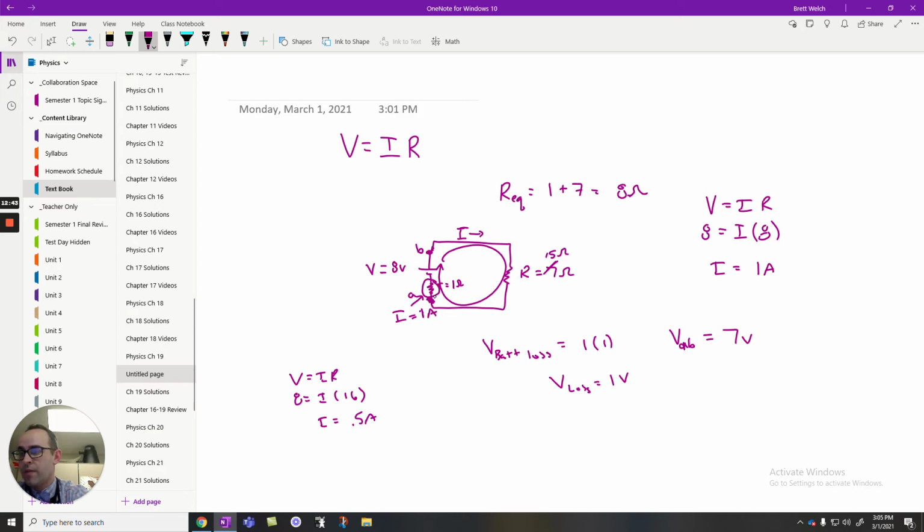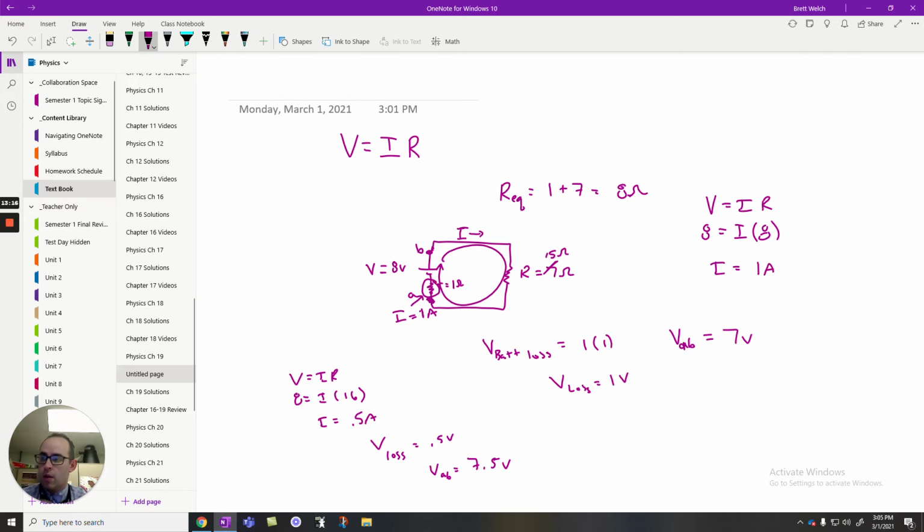Well, if I take that 0.5 amps and plug it in for the battery's 1 ohm resistance, my V loss would only be 0.5 volts, so my terminal voltage, V_AB, would be 7.5 volts. So by using bigger resistors in the circuit, I reduce the amount of loss due to the internal resistance. But I do also have a smaller current, so the light's not going to be as bright if it was a light bulb, because there's less flow of electricity.